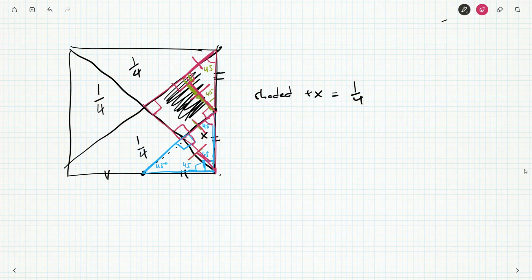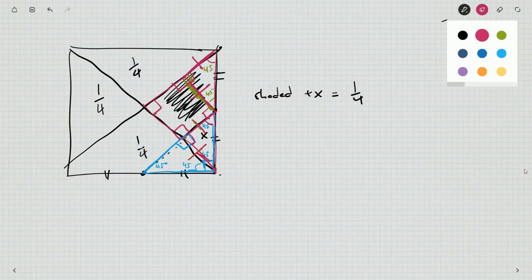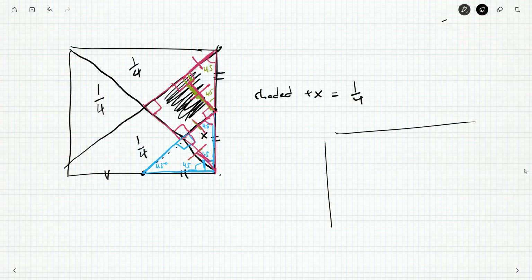This is a square. Not only that, and we'll redraw the picture again just for a moment, we've got this x here. Part of the shaded area is the area of this triangle, which is x. And then we've got this square.